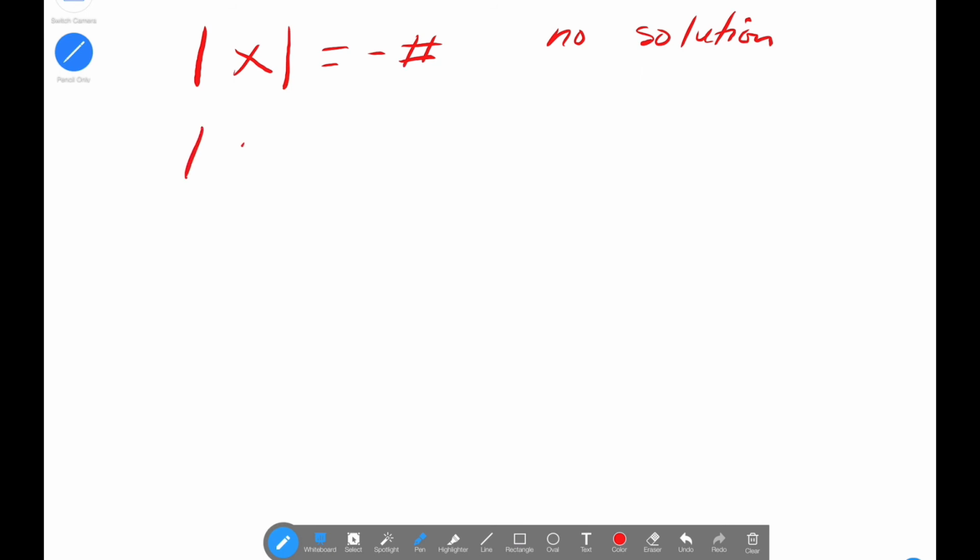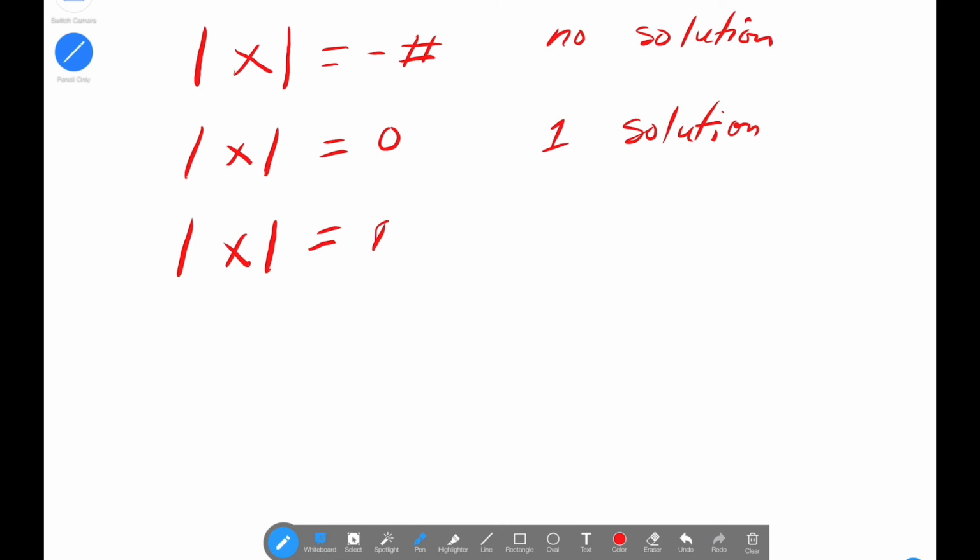If the absolute value of something equals 0, then there is one solution, because there is no negative 0. All right? If the absolute value of something equals a positive number, then there will be two solutions.